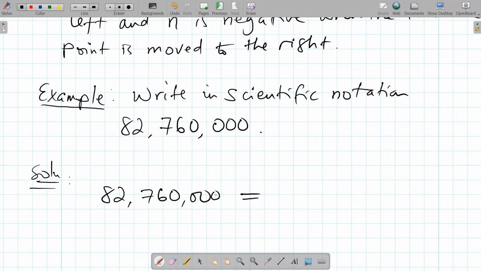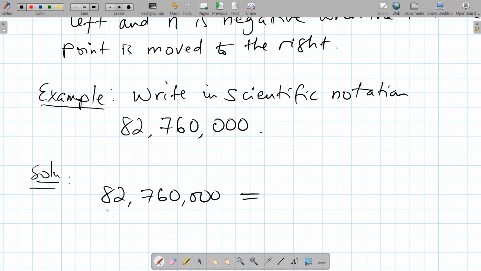So 82,760,000. Okay. So note that every number in this world has some decimal place somewhere. If the number is a whole number, the decimal point is always at the end of the last digit. Remember that we are reading the number from left to right.